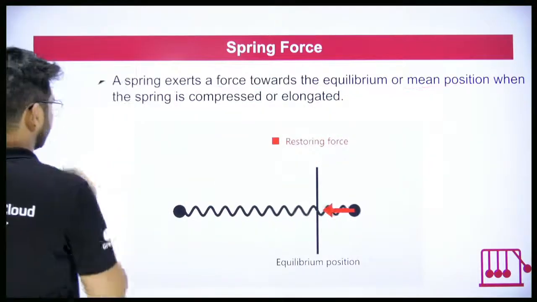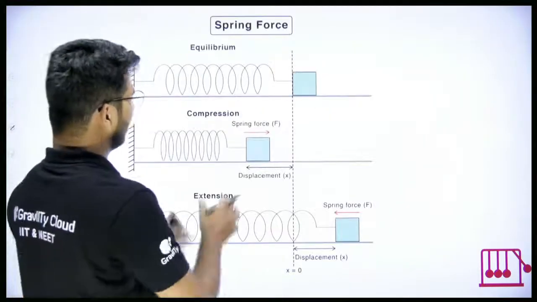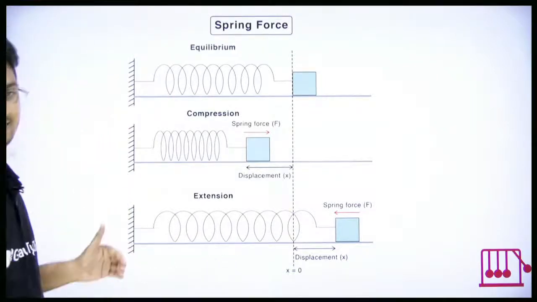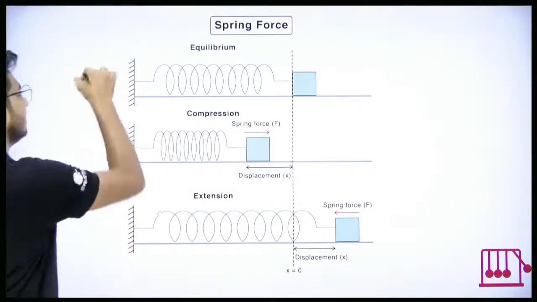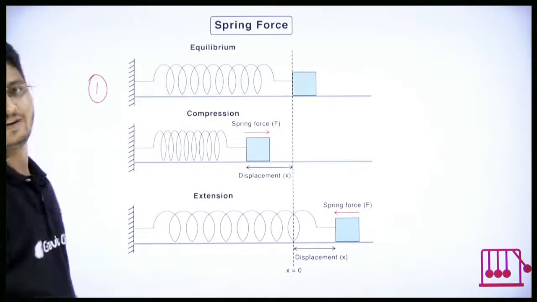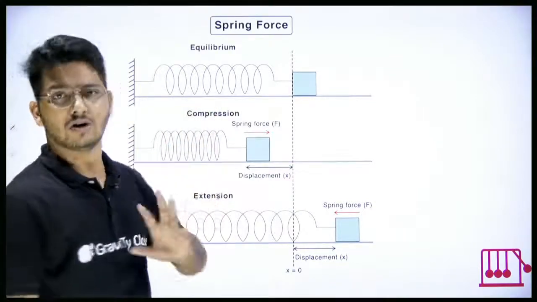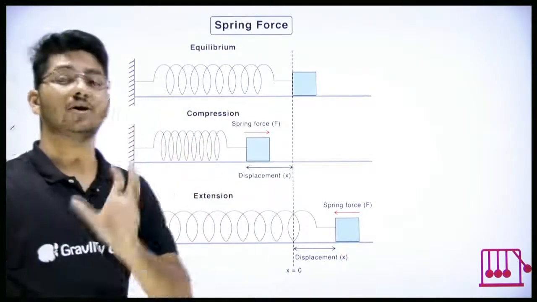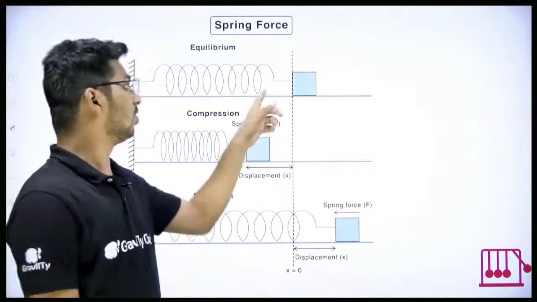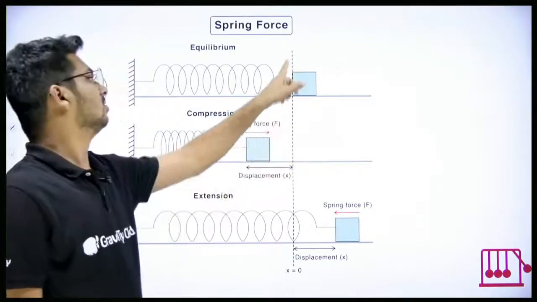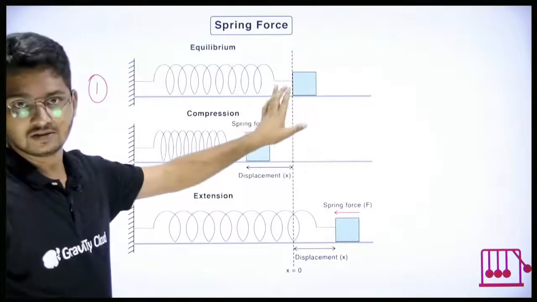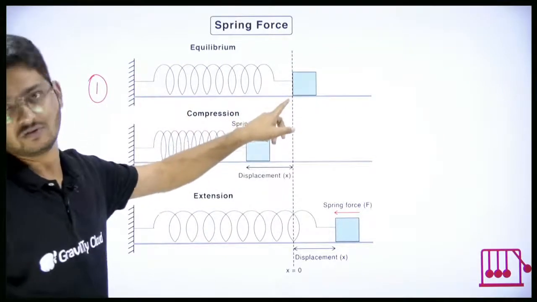Let me explain. Here, look at the different cases. Look at the first case. What we mean by equilibrium position is where the spring is not compressed and not elongated. There is no compression, no elongation. So the spring is in its natural length, and there is no force.